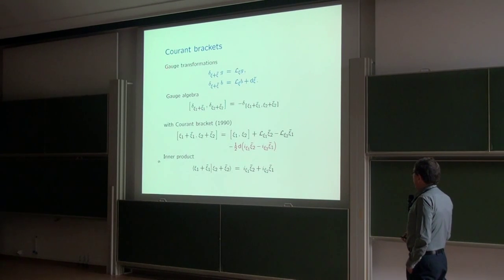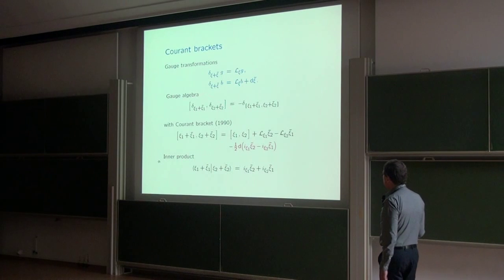You should have, at that level, gauge transformations that are parameterized by psi, which is a diffeomorphism parameter, and psi tilde, which is a one form. And you probably recognize here the transformation of the metric as a Lie derivative along the vector parameter. For the B field, also the same Lie derivative. And B, being a two form, has also a gauge transformation with a one form gauge parameter that you recognize here.